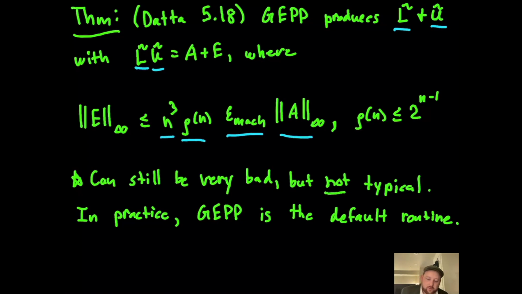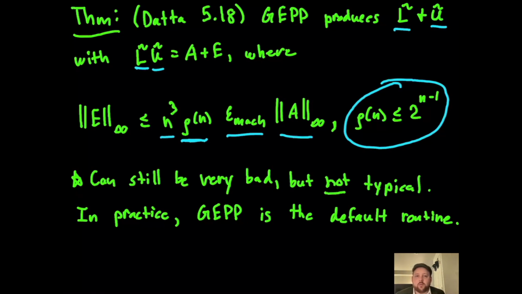Now this growth factor, we want to keep it small. That's what's going to help us keep accuracy, or at least ensure this upper bound on the infinity norm error of E. But one thing you can prove for Gaussian elimination with partial pivoting is that the growth factor is bounded above by 2 to the power of n minus 1.